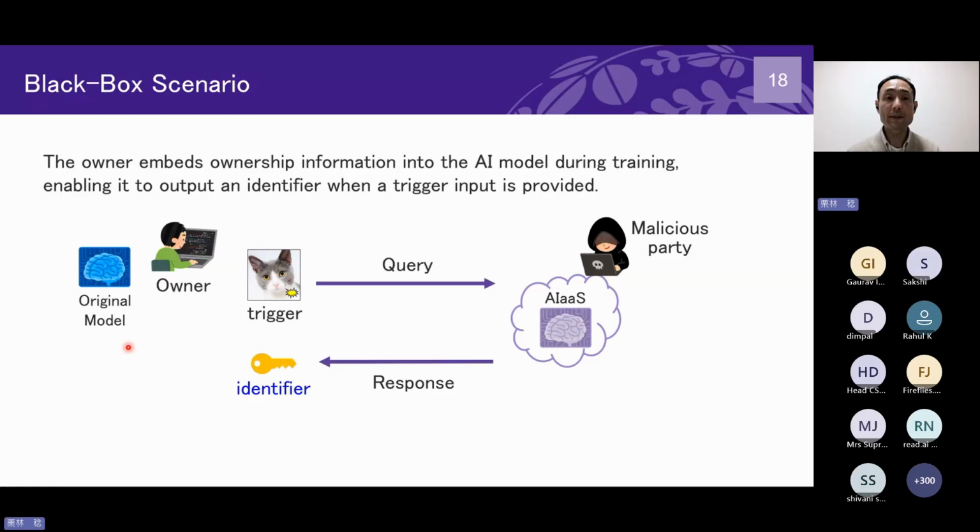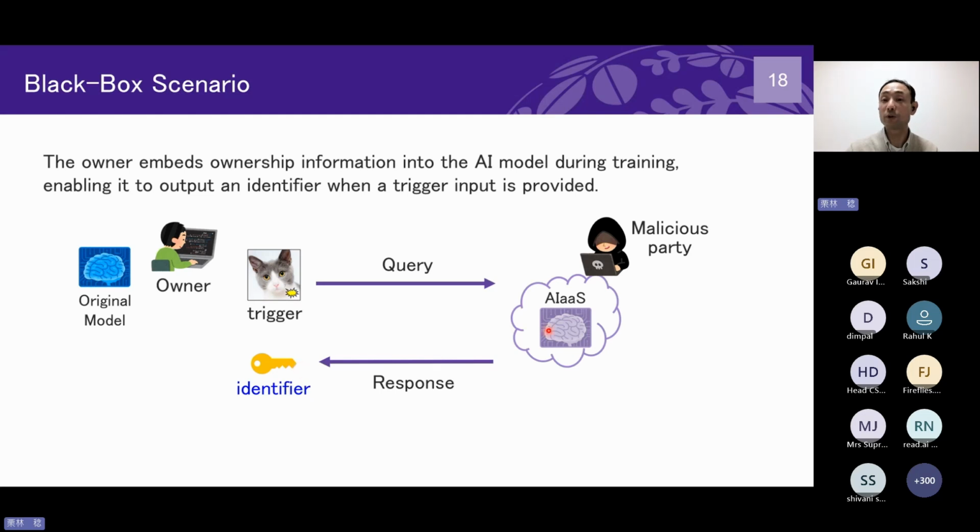So in a black box scenario, the owner will embed the ownership information into the AI model during training, enabling it to output an identifier when a trigger input is provided. So this is the trigger input, then through query and receiving the result, it shows a certain identifier.